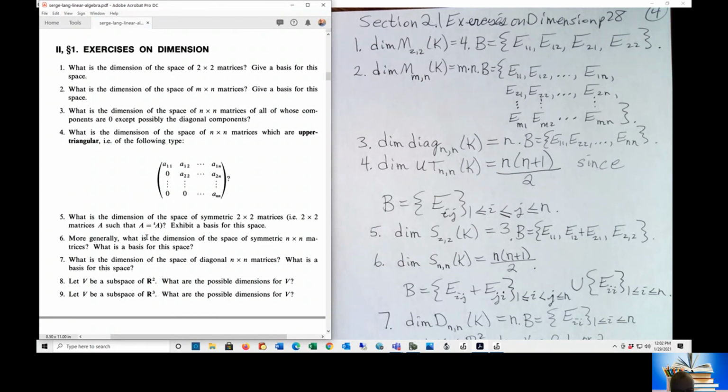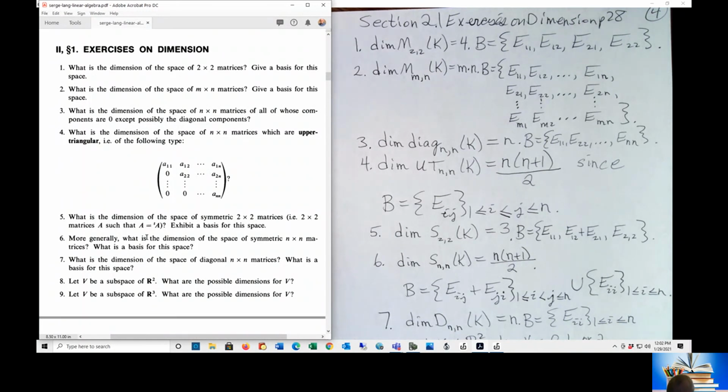Now, more generally, looking at number 6, what is the dimension of the space of symmetric n by n matrices? It's going to be the same as that of the n by n upper triangulars, namely n times (n plus 1) divided by 2.